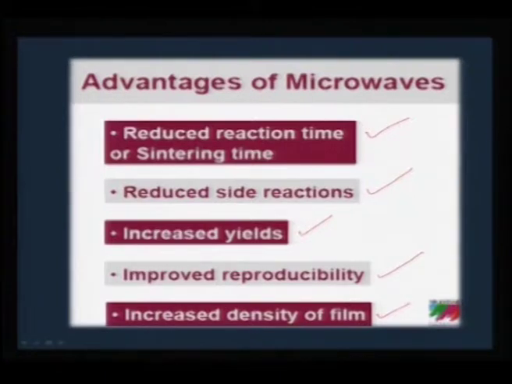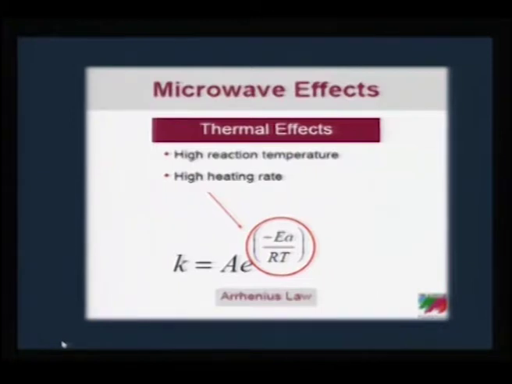So, when you look at microwave effects, one of the main ingredients there is the thermal effect in this microwave heating, which achieves a high reaction temperature at high heating rate, and therefore, it affects the energy of activation.